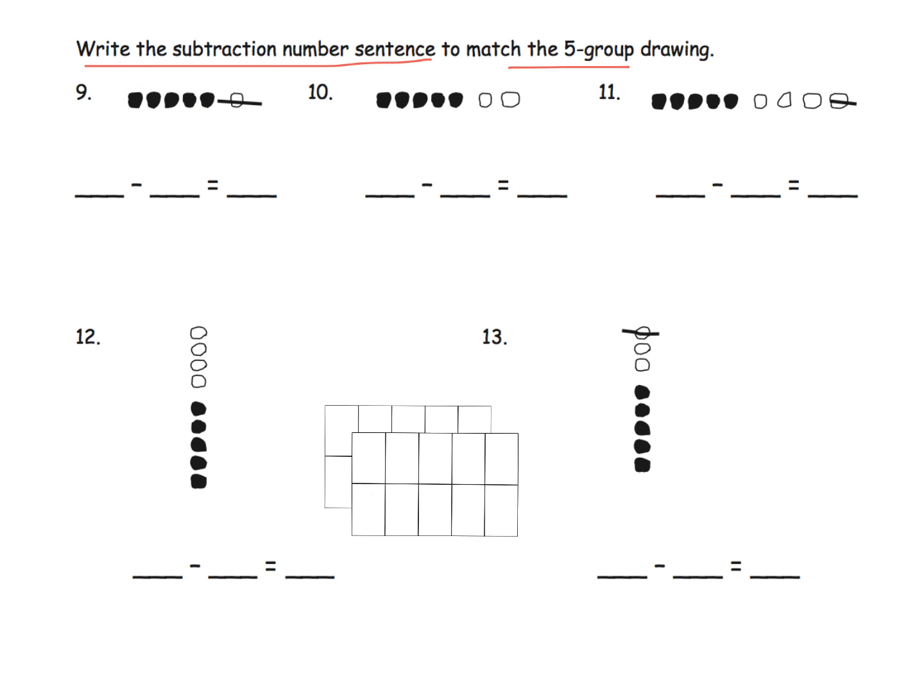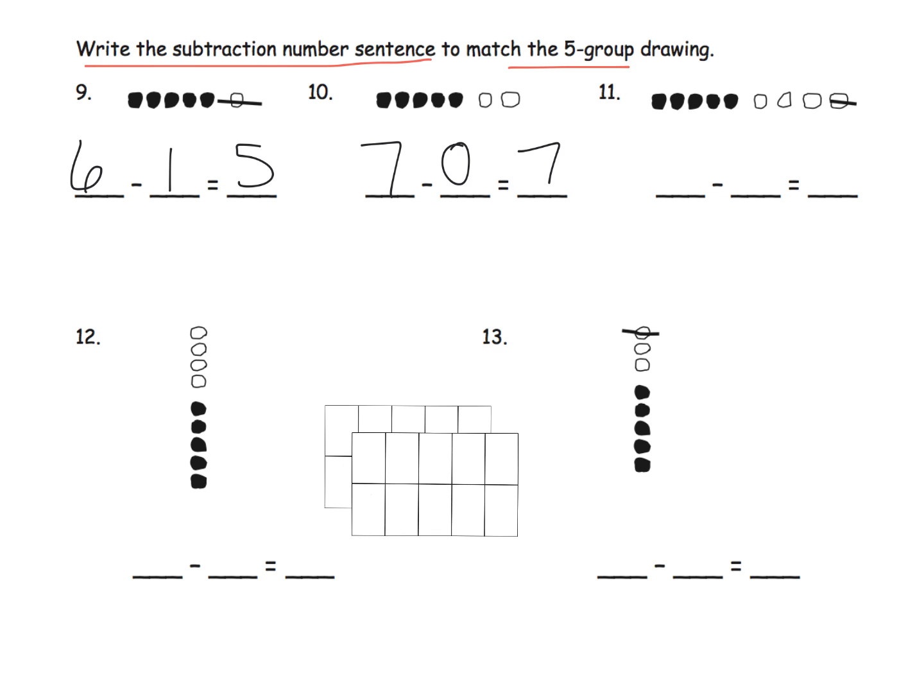So our number sentence would be 6 minus 1, because we're only crossing off 1, and that gives us 5. If we go to here, we've got 7, because we can see 5 plus 2 is 7, and nothing is being crossed off. So that means it's going to be 7 minus 0, which is still 7. There you go. You get the idea.